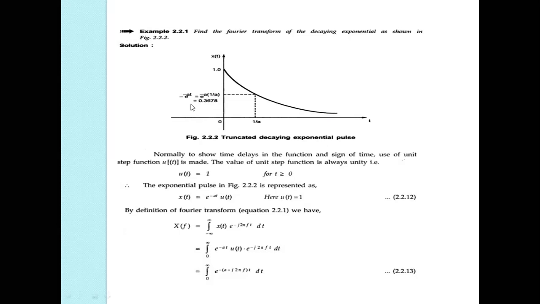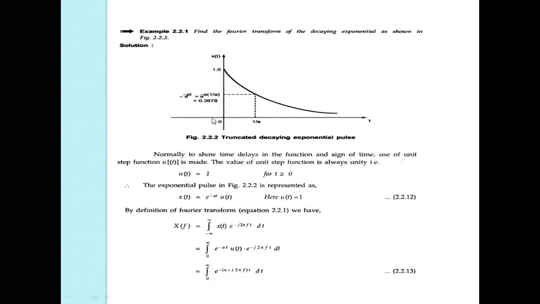And at t equal to 0, e power 0 is 1, my dear students. So it starts at 1 and slowly decreases, and at 1 by a the value is 0.3678, and it goes on decreasing and equals 0 at infinity.